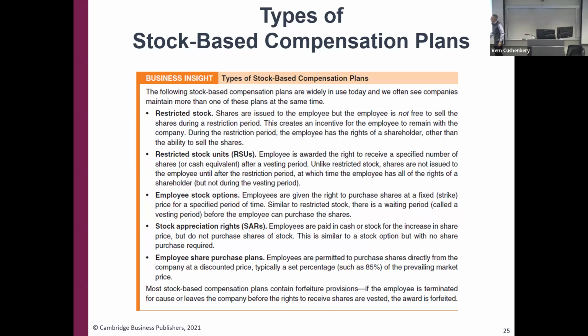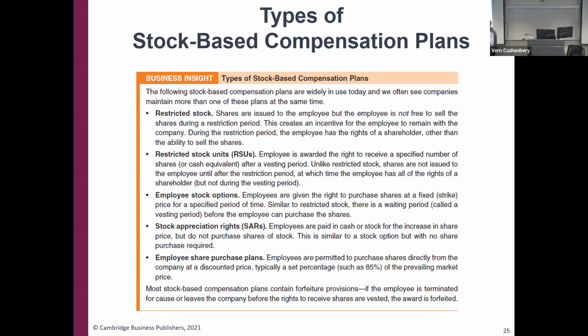All of these are different ways of getting your employees and management teams paid. The only difference is timing and how closely they mirror straight up common stock or something that's linked to common stock, like stock appreciation rights. So stock appreciation rights don't give management teams stock. That's not stock. Don't ever think it's stock.